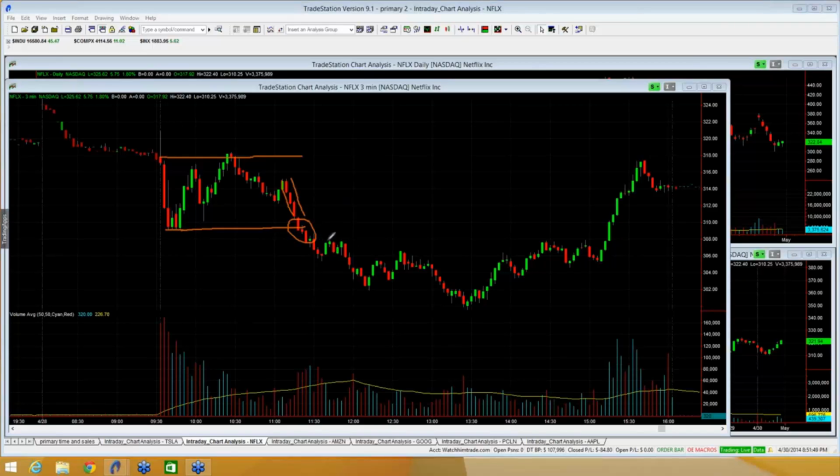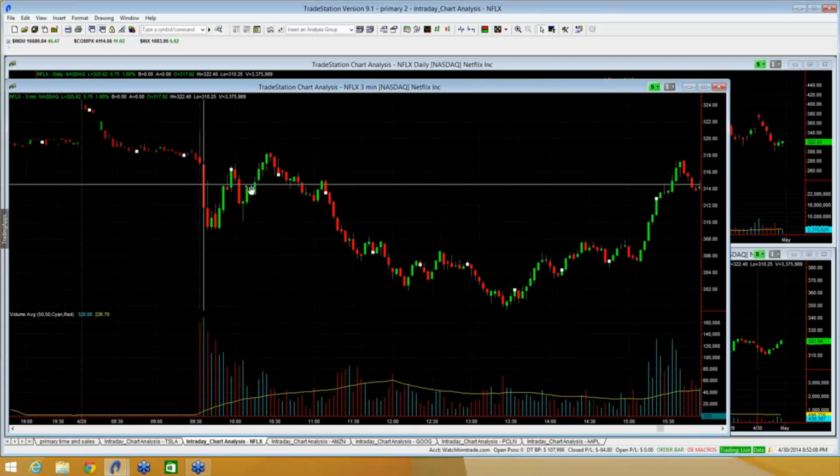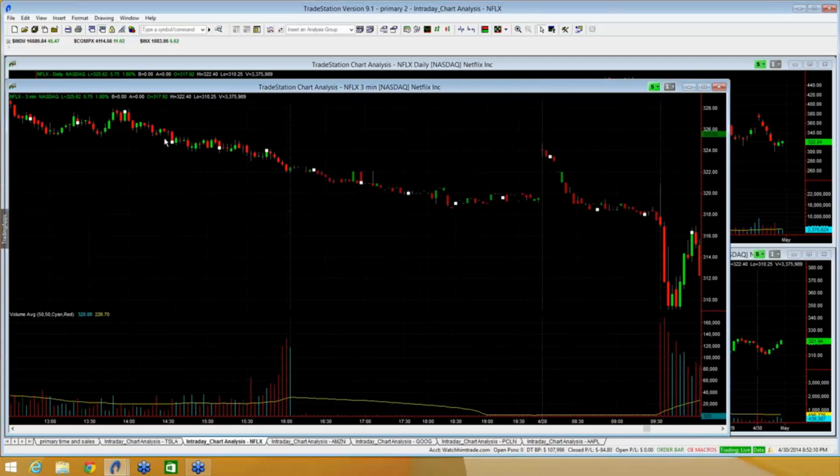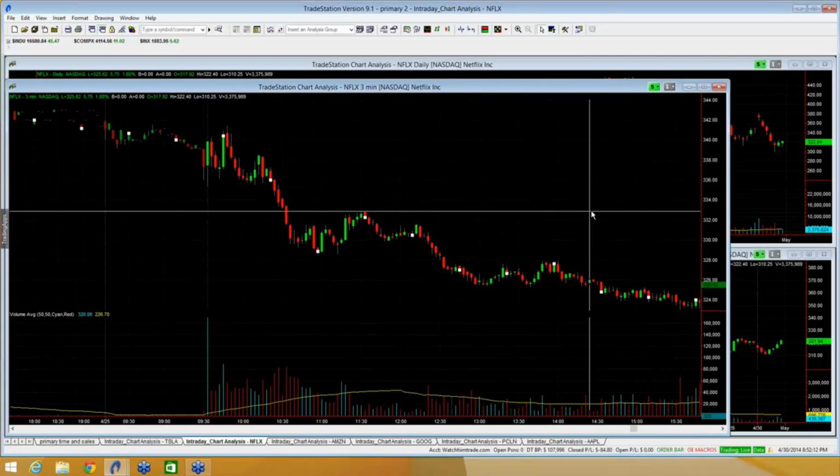And notice how that resulted in further pressure, from 308 down to 302, and then from 306 on a bounce back down to 300. So that was an example of a good clean break below the range where you were able to extend lower. So I would want to be trading that. I would be short biased on that.